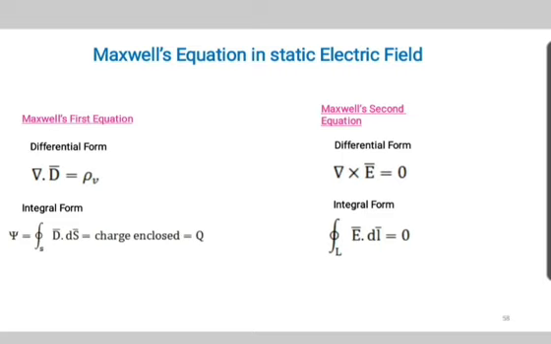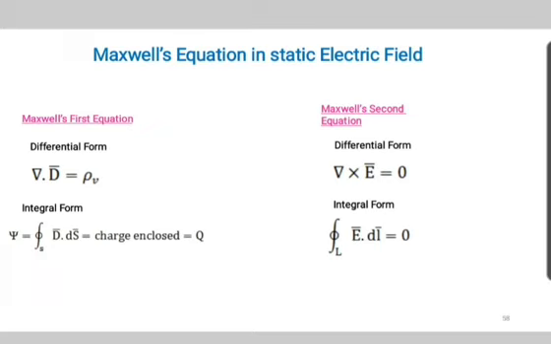Then next, the summary of Maxwell's equations in integral form for static field. First equation, the surface integral of electric flux density over the closed surface is equal to the volume integration of volume charge density.